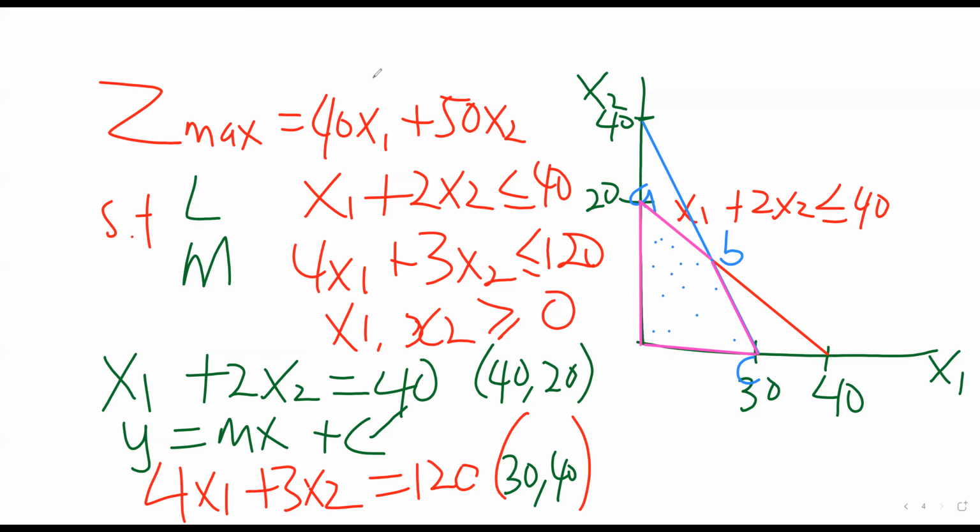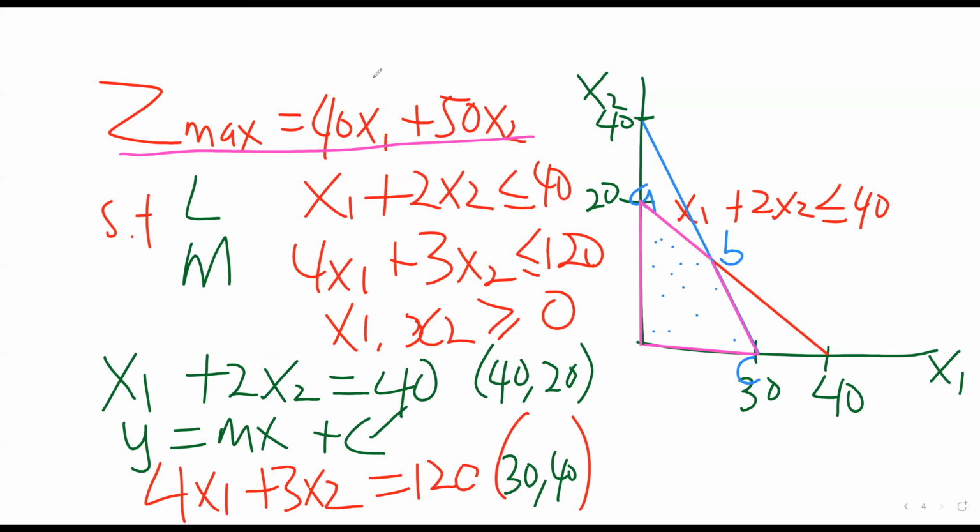And when you put those coordinates back into the Z function, where's the Z function? This is the Z function. When we put them back into the Z function, the one that will give you the highest profit, that coordinate is the optimal solution point.